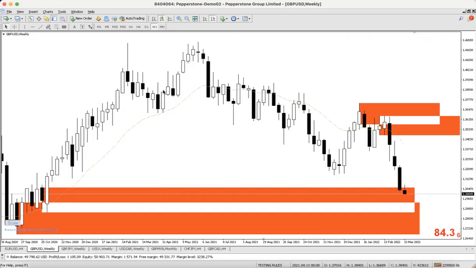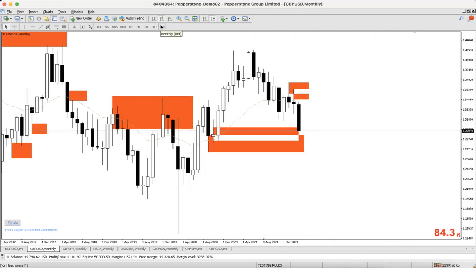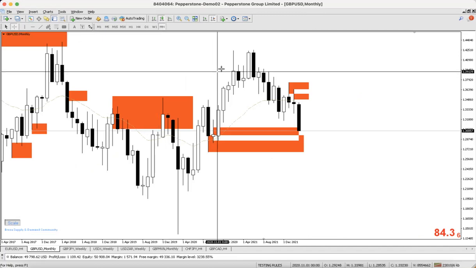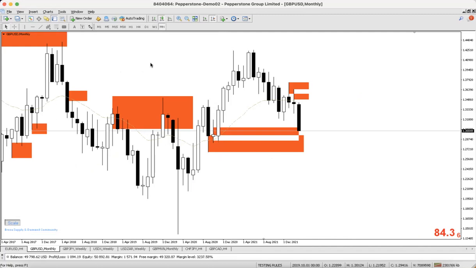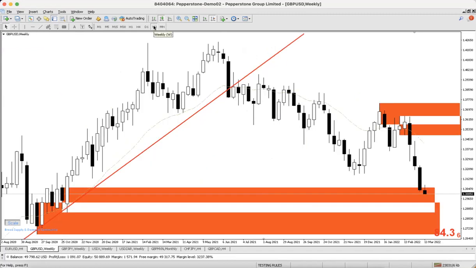And what about pound USD? Wow. Okay. Pound USD, we are on the monthly. Being on the monthly, it means anytime from here, price can go down. Was this area tested?